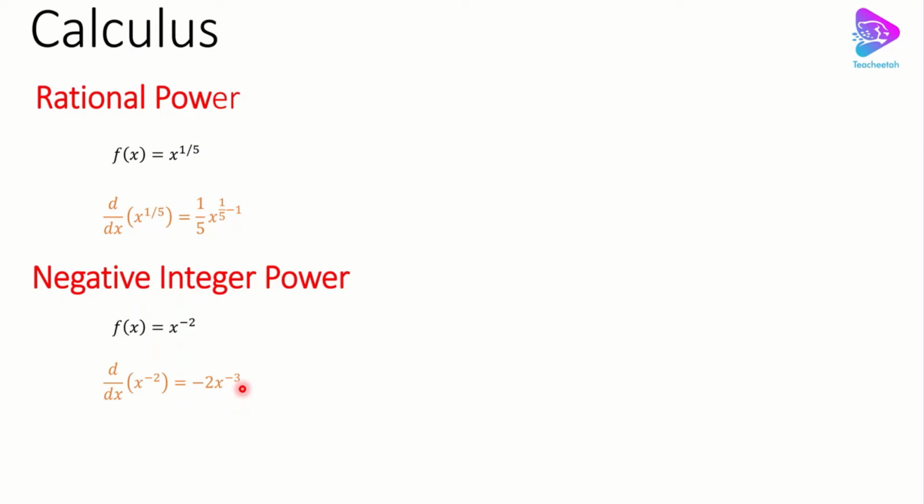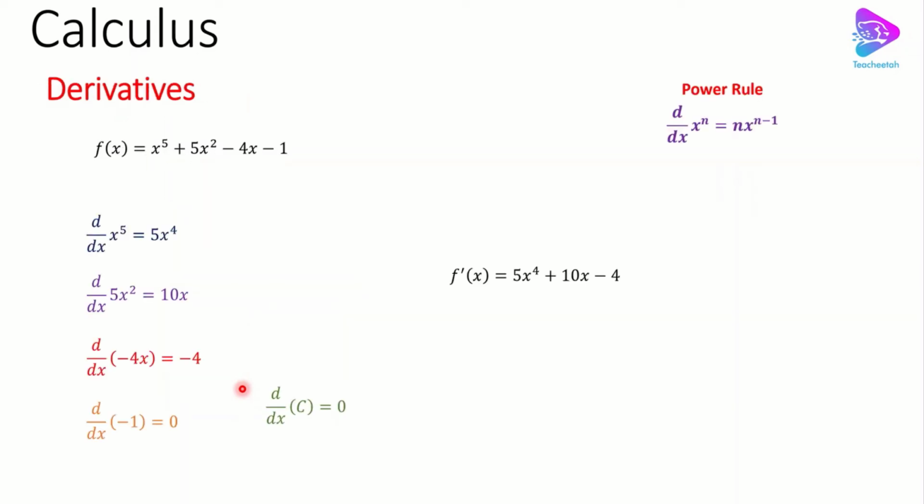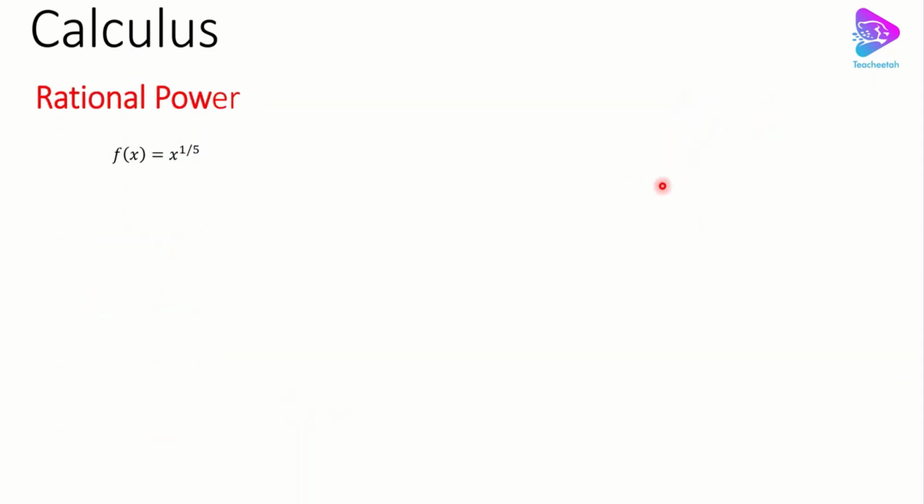So what we did, we just applied the power rule in 3 different functions. The first one was a polynomial with positive integer power, and it also contains a constant number. As you see, the final answer was 5x to the power of 4 plus 10x minus 4. Then we looked at a function with a rational power, and we applied the same rule.